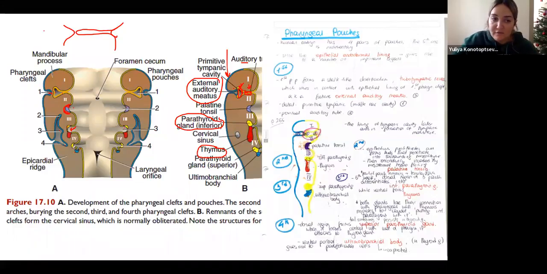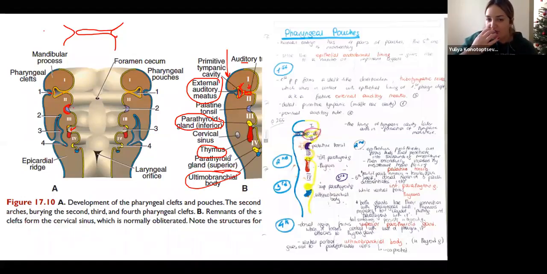So as you can see, the fourth pharyngeal pouch gives rise to the superior parathyroid gland and ultimobranchial body. The ultimobranchial body is the one that has been made with the neural crest cells. So neural crest cells have definitely participated in making this structure.